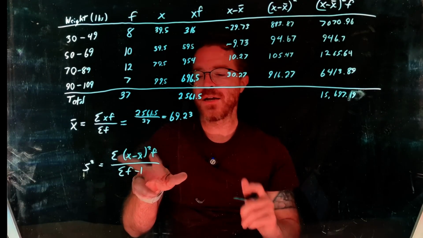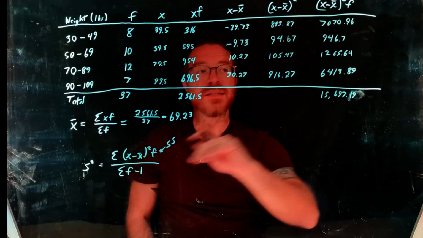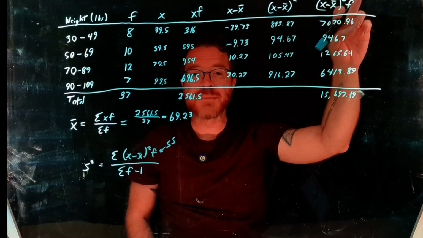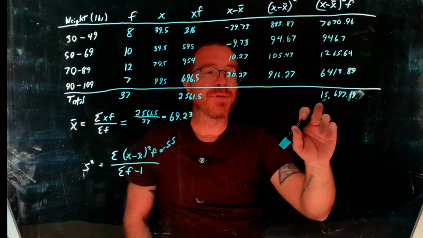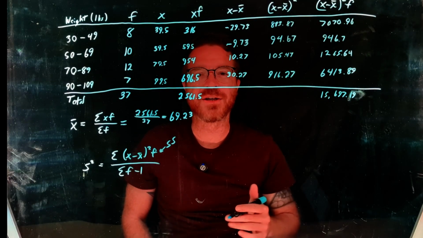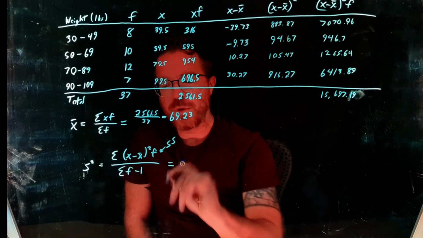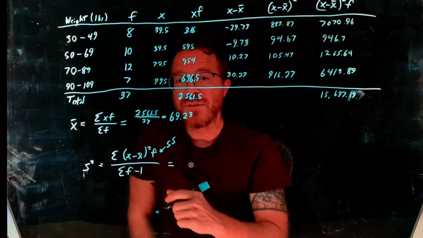This top term here is our sum of squares, which is x minus x bar squared times the frequency, and you sum them up. So our sum of squares is this bottom right value on our table, 15,697.19.